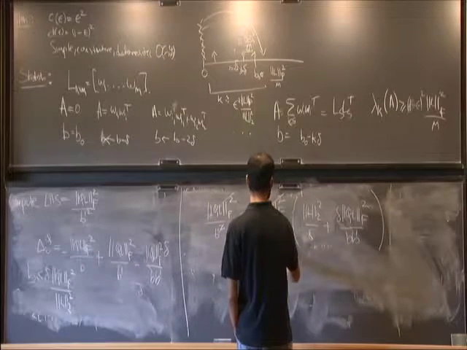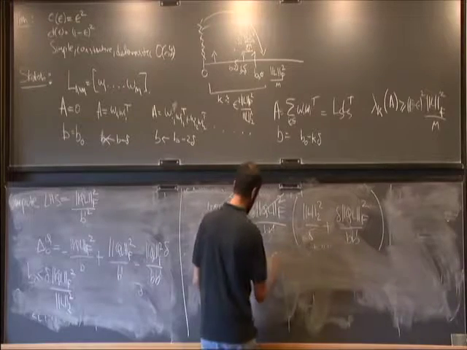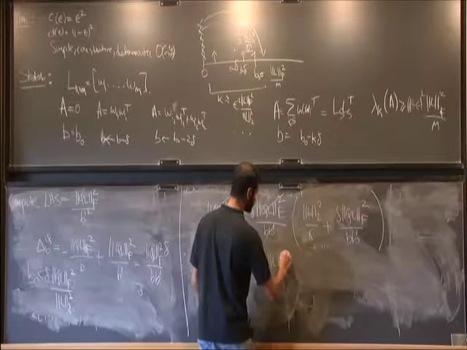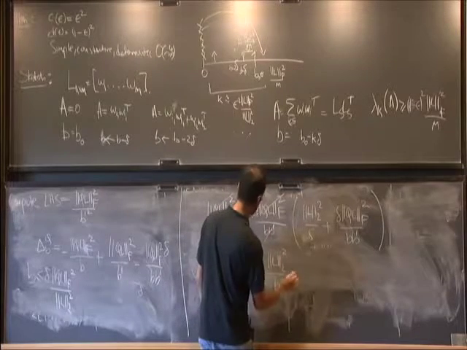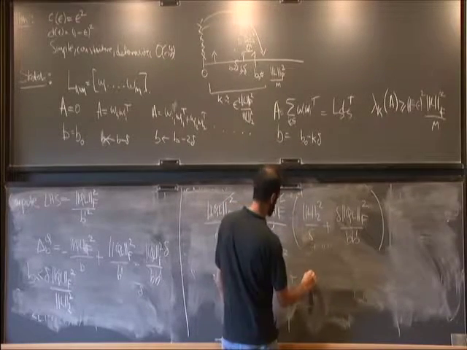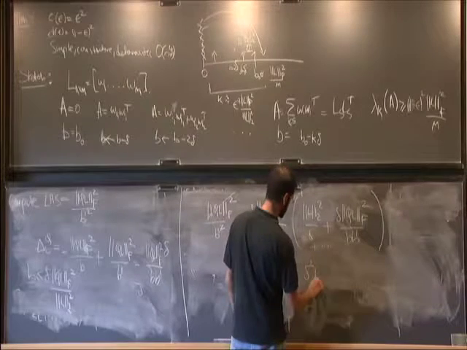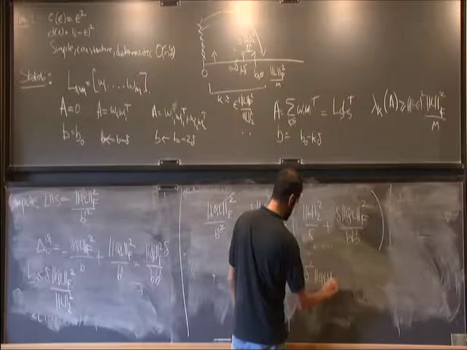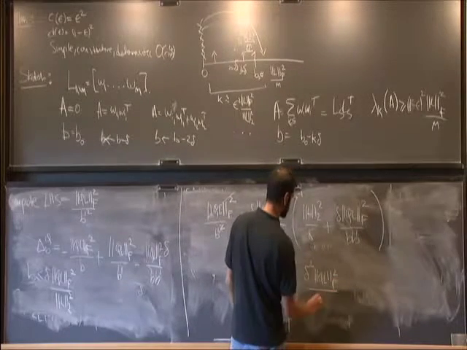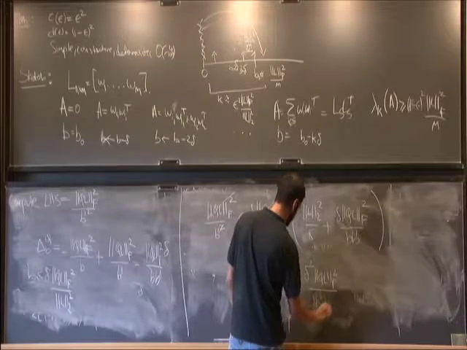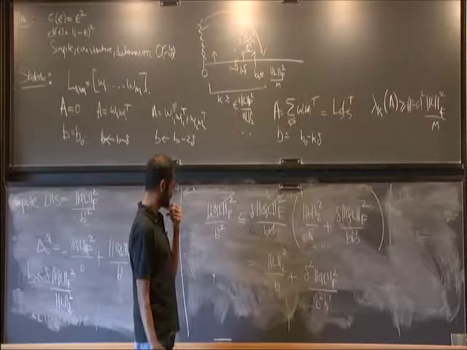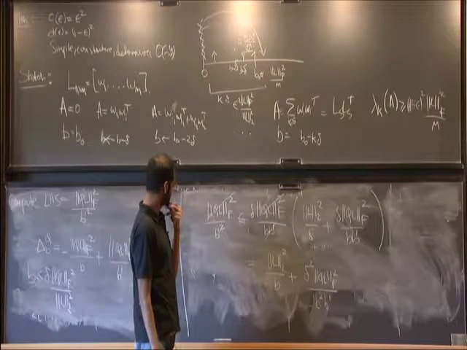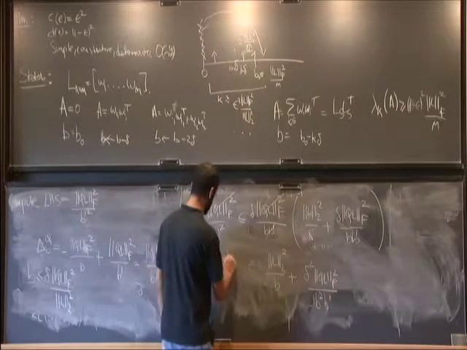Okay, so at this point, this thing is just delta over b, right? So I get L2 squared over b plus delta squared over b squared b prime, right? And that's 1 over what? It's 1 over b prime.